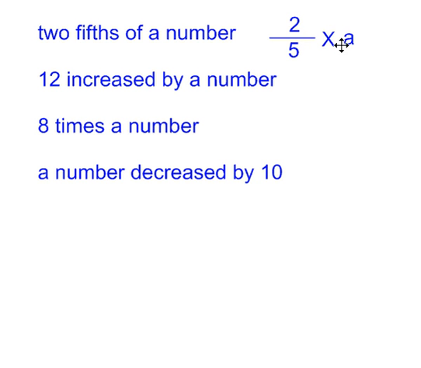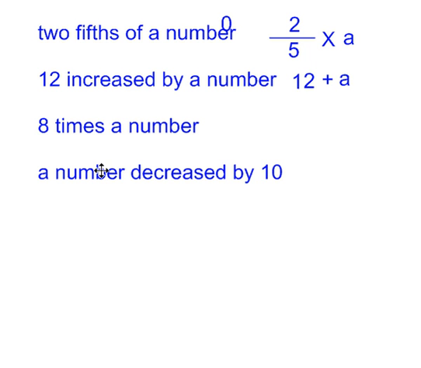So 2/5 of a number is 2/5 times a. The second one we have is 12 increased by a number. So we would start out with 12. Increased means the operation of addition by a number. And this is where our variable comes in again.